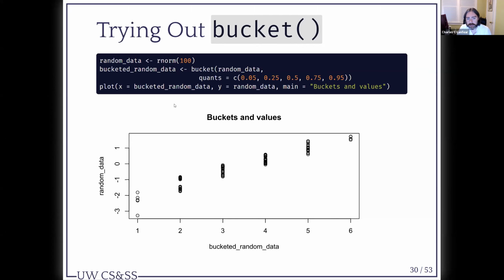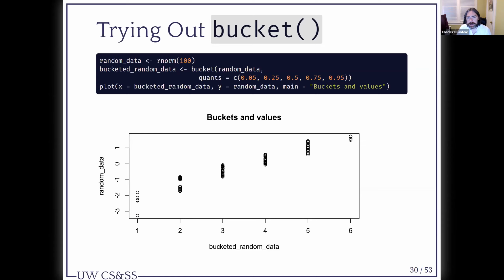And then I do a quick plot of the data. So these are the actual values of the random data. Low values here, and see they're kind of increasing monotonically across. So these are the actual continuous values, right? They range from somewhere below -3 to a little bit below +2.